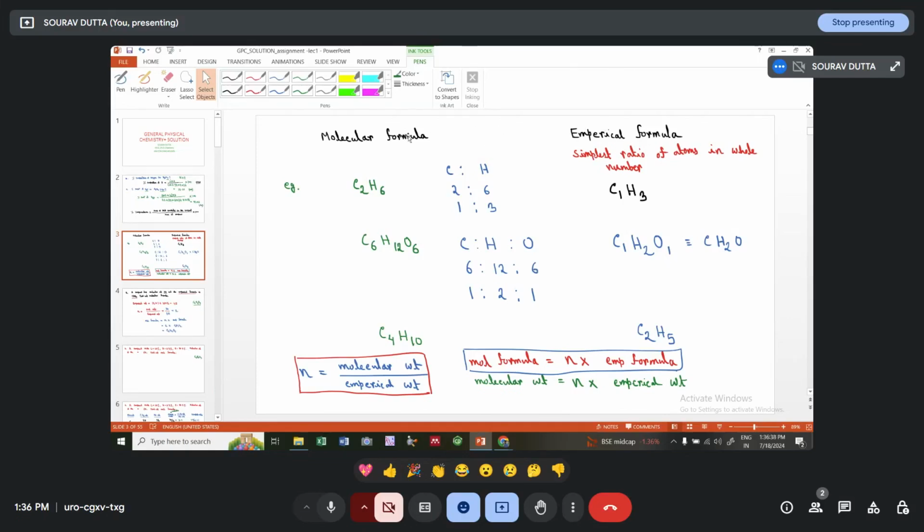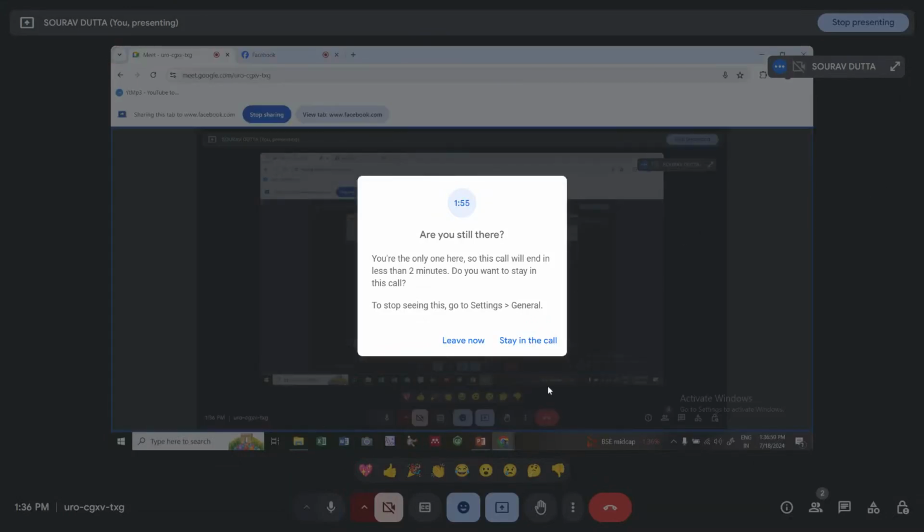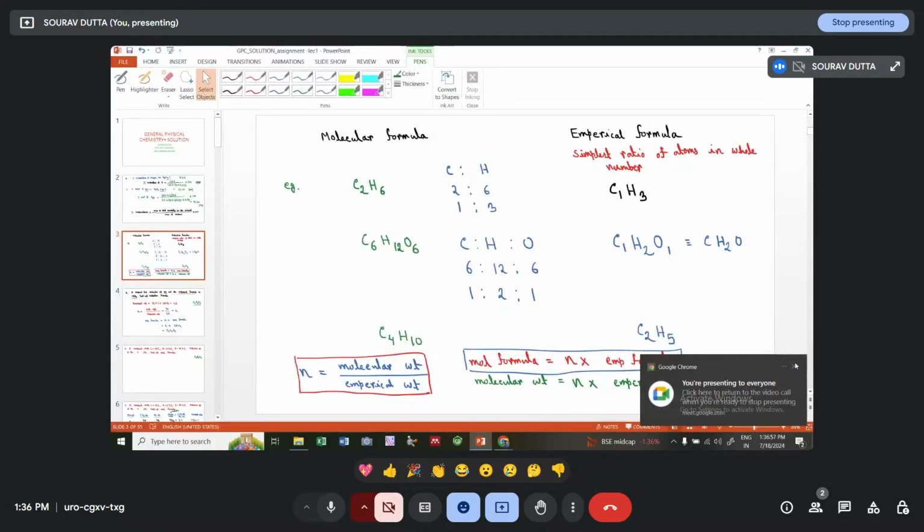Basically empirical formula is the simplest ratio of atoms in whole numbers. Let's take an example, C2H6, ethane. Here the number of carbon atoms is 2 and hydrogen atoms is 6.